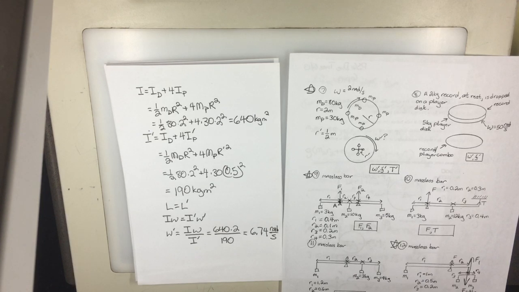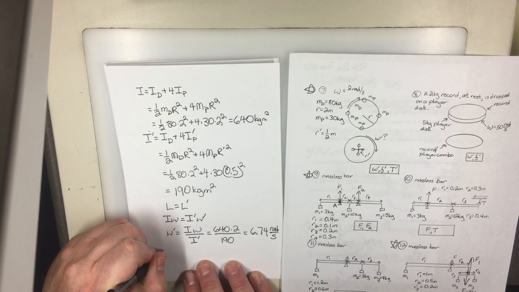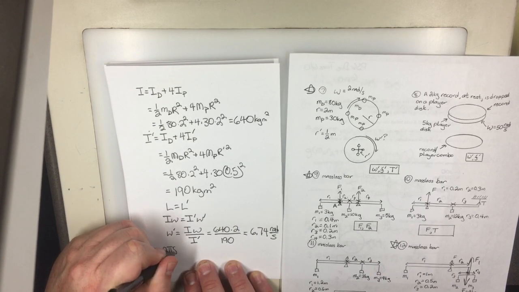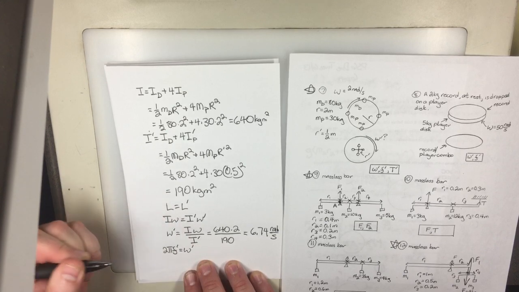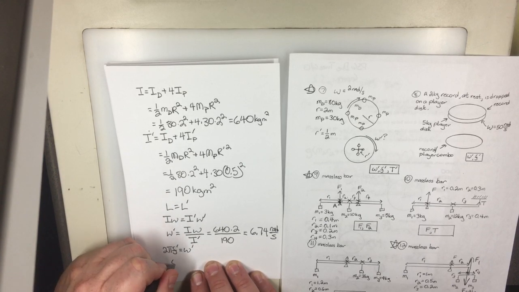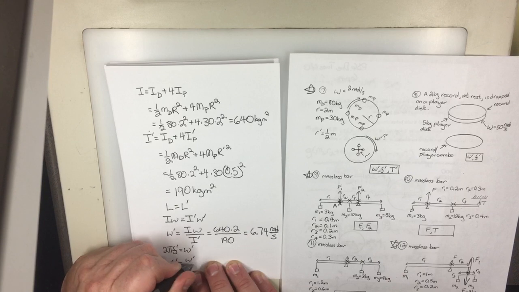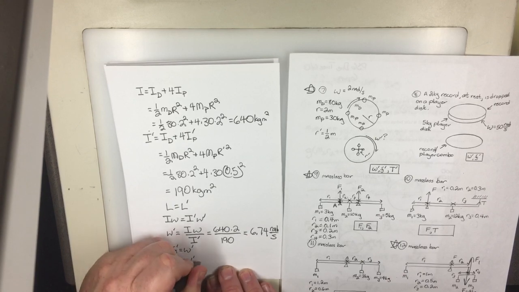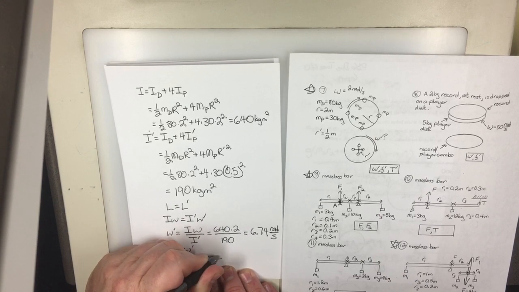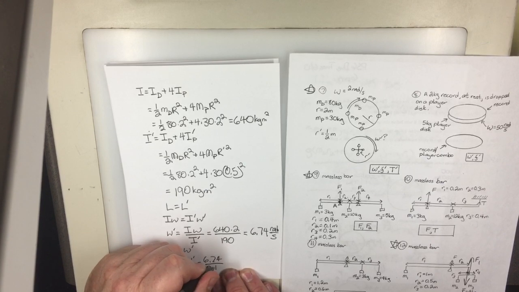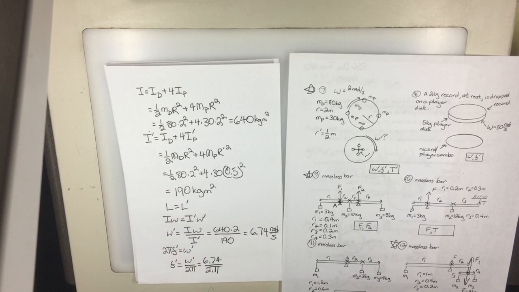So that's omega. We have to get f prime and period prime. 2 pi f prime is equal to omega prime. So f prime is omega prime over 2 pi, which is 6.74 divided by 2 pi. Ooh, the number may be coming in there.